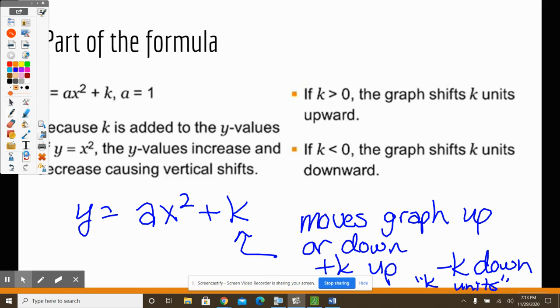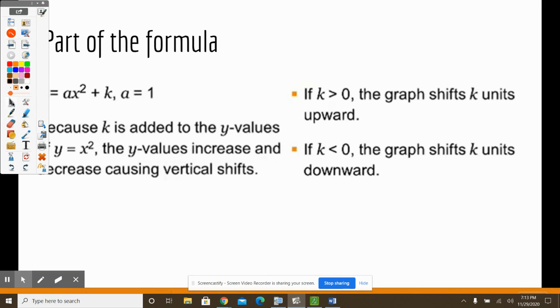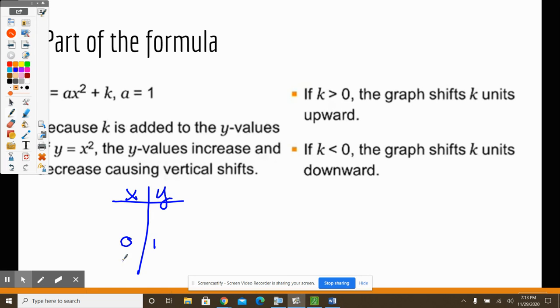If you think about graphing our mother function that we talked about, if I were going to look at a table here, I put 0, 0, 1, 1, 2, 4, negative 1, 1, negative 2, 4.